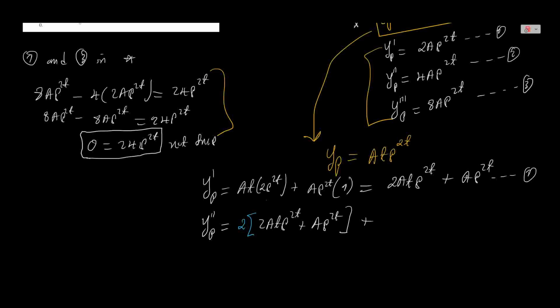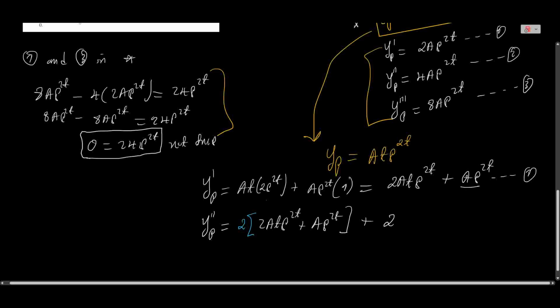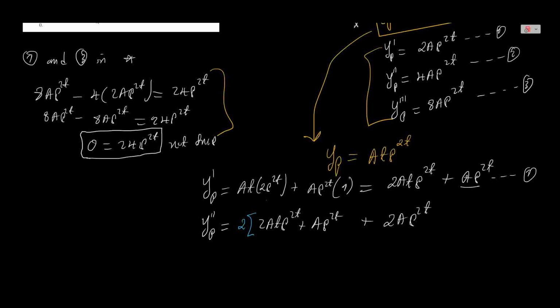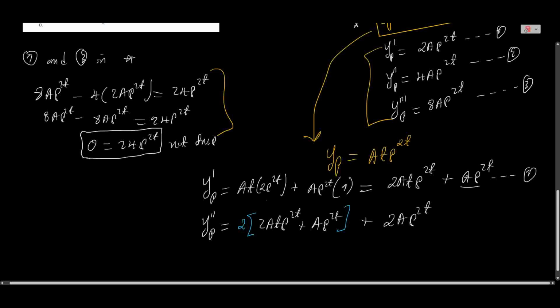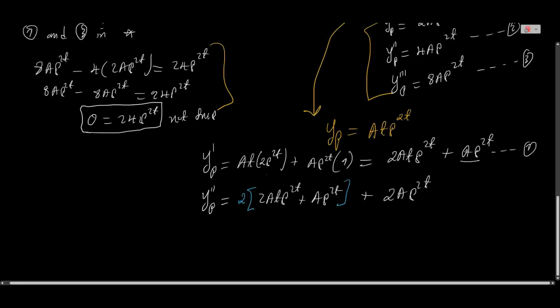If you do not understand that, you can simply go manually, differentiating every term. Now differentiating this, we are going to have 2a e raised to the power 2t, and I've also shown this trick in our previous video, so you can always check that out. So this is our second derivative.